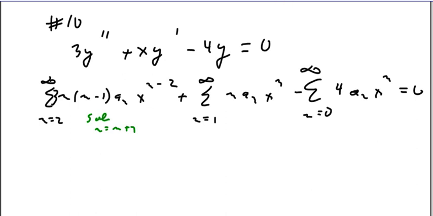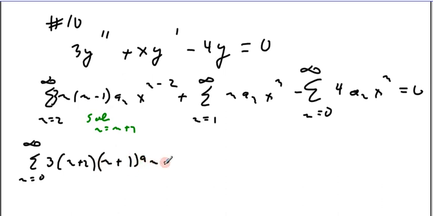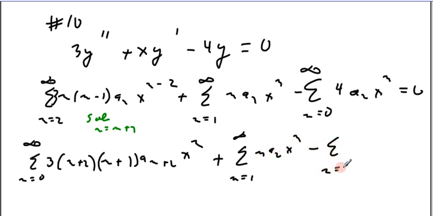When we get done, we'll have summation n equals 0 to infinity 3 (n plus 2)(n plus 1) a_{n+2} x to the n plus summation n equal 1 to infinity, n, a n, x to the n, minus summation n equals 0 to infinity, 4a n x to the n is equal to 0.